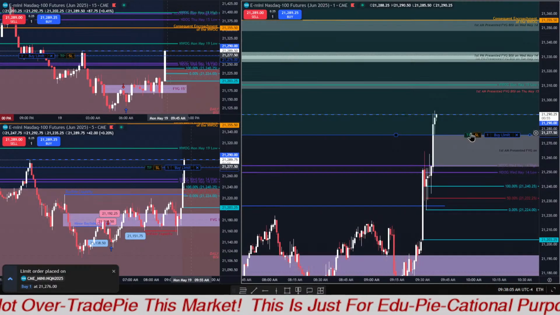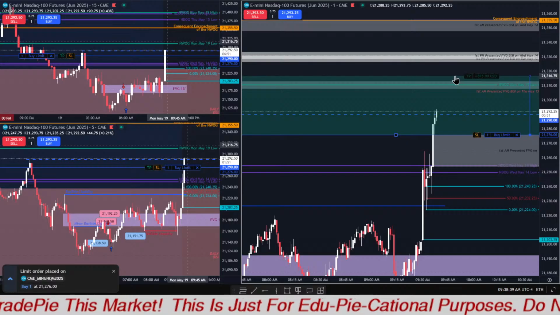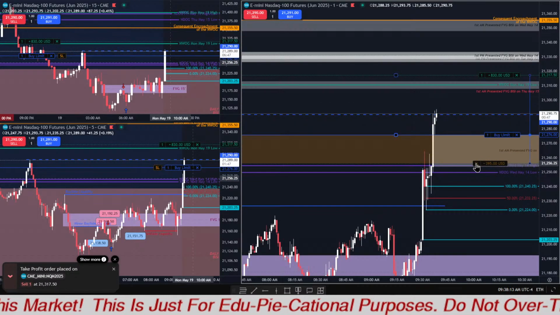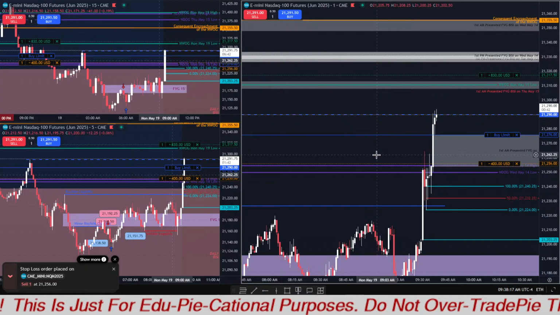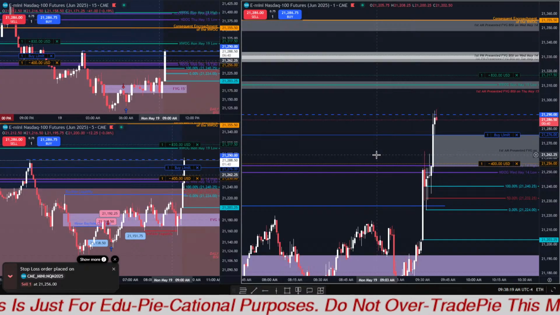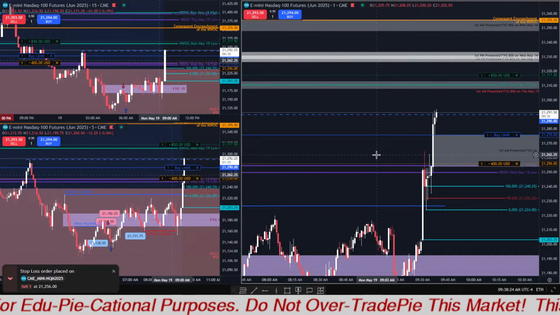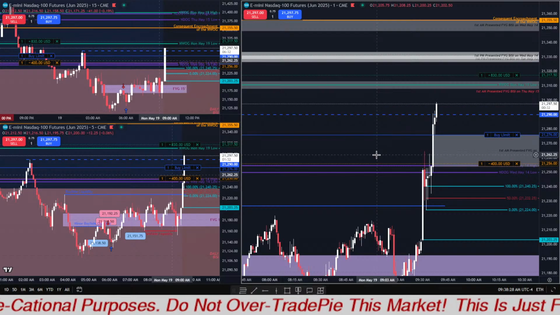We have the first presented fair value gap formed over here. This one here and this one here. Let's see how the market is trading with this first presented fair value gap over here.